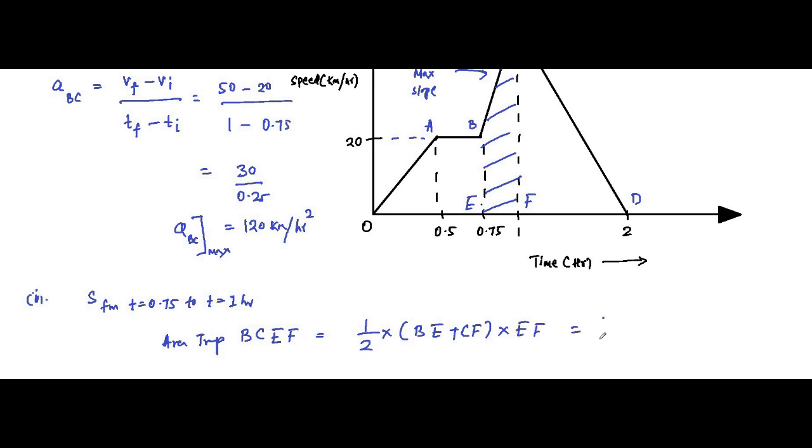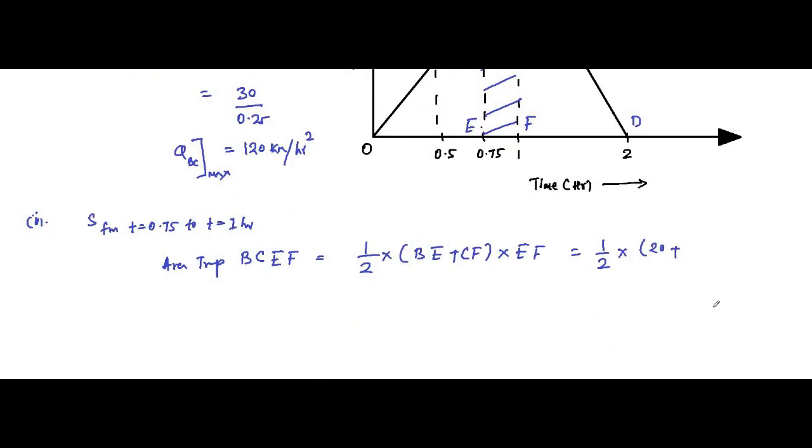that is equal to 1/2. BE is equal to 20, CF is equal to 50, and EF is equal to 1 minus 0.75, that is 0.25.